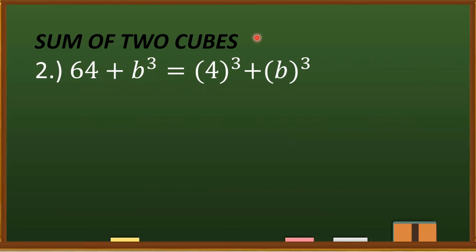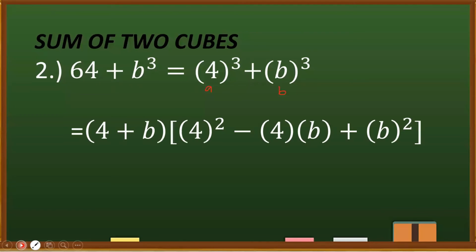Okay, so ang magiging value ng A natin will be this, and this will be the value of B. And then, dahil positive siya, yun ulit ang gagamitin nating formula. Okay, so our A is 4 and our B is B. Okay, A plus b, and then for trinomial, ano yung formula natin?